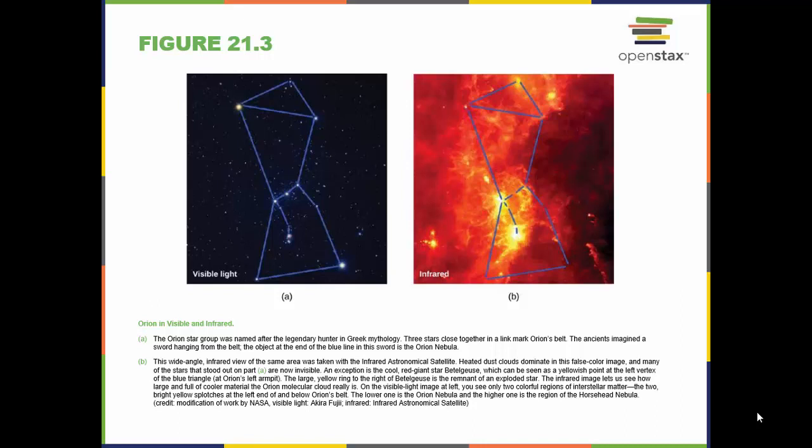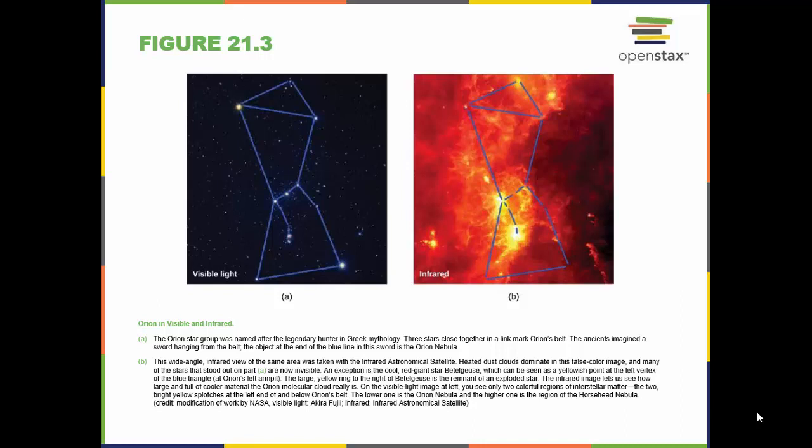The heated dust clouds dominate this picture, and don't forget this is a false color image. The white and the red show hotter areas, but we can't see infrared images. And many of the stars that stood out in part A are now visible.